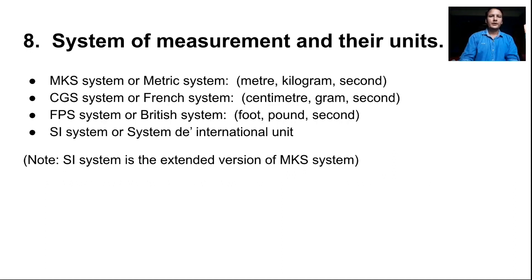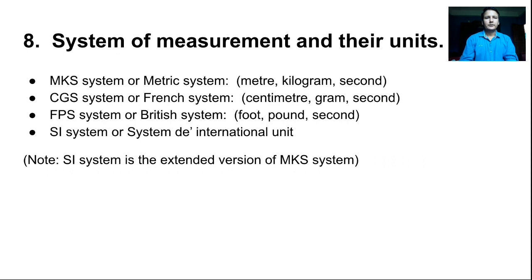They are MKS system, CGS system, FPS system and SI system. MKS system: the system in which length is measured in meter, mass in kilogram, and time in second is called MKS system. It is also called metric system.